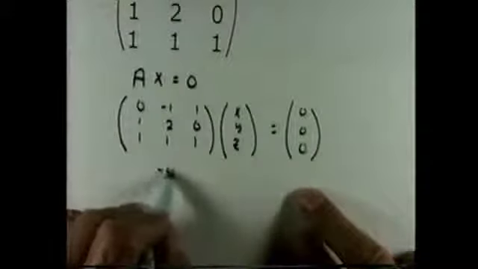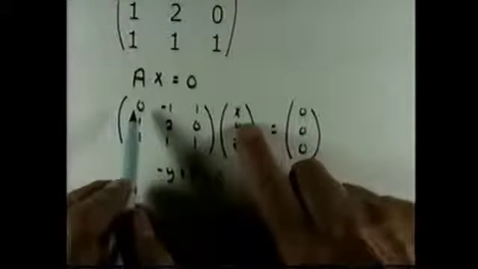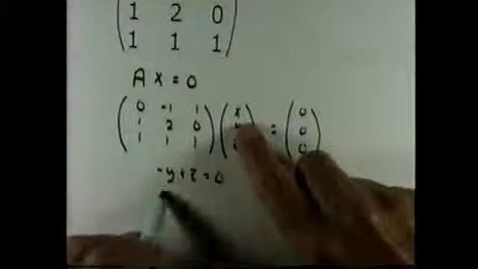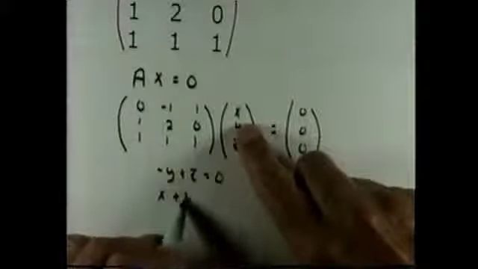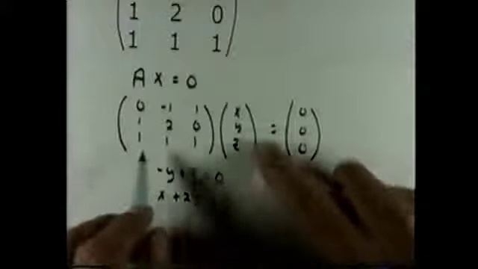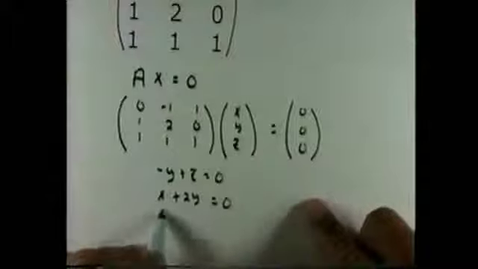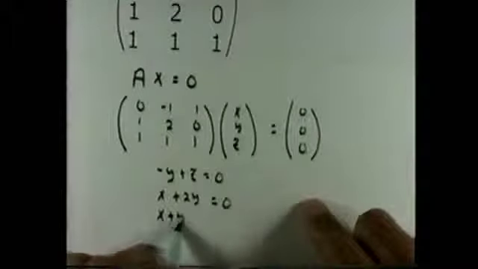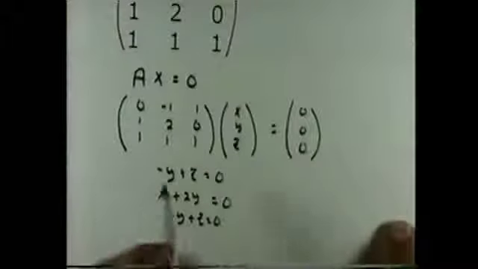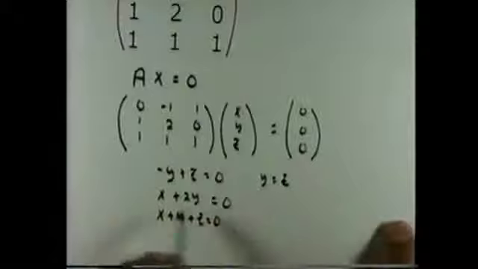I get negative y plus z is equal to 0, multiplying across and down. This would give me x plus 2y is equal to 0, then x plus y plus z is equal to 0. Well, from here I can see that y is equal to z.